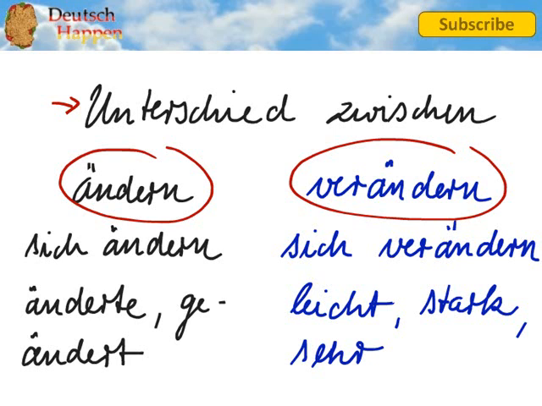As you can see, it is basically the same verb, just that for verändern the prefix ver is added to the general verb ändern. And as they are slightly different, their meaning also changes slightly.